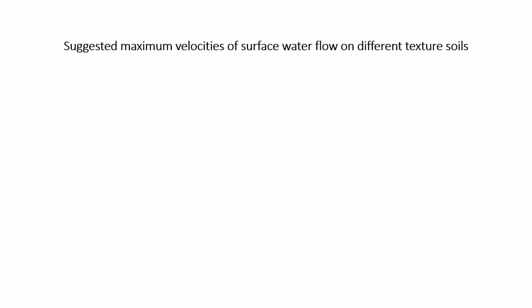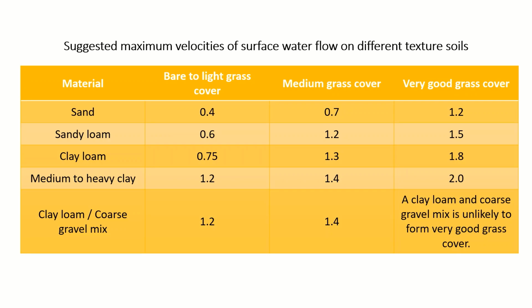These are some of the suggested maximum velocities of surface water flow on soils with different textures. For sandy soils having bare to light grass cover, 0.4 meter per second is considered the maximum safe velocity. Beyond that, erosion will start occurring.